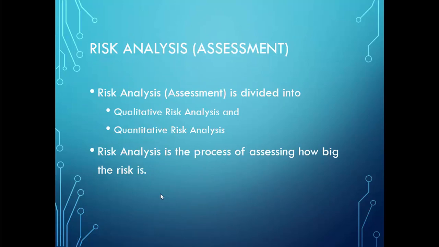In the risk analysis process, risk can be categorized into quantitative and qualitative risk. In addition, in this stage, risk priority can be identified. Qualitative risk analysis is the process of prioritizing risk for further analysis or action by assessing and combining their probability of occurrence and impact.